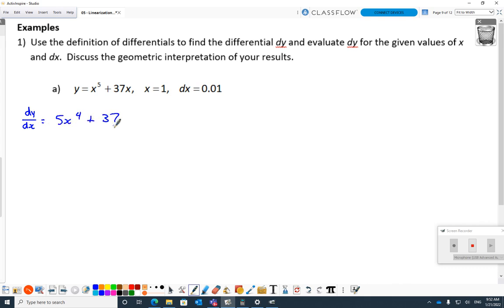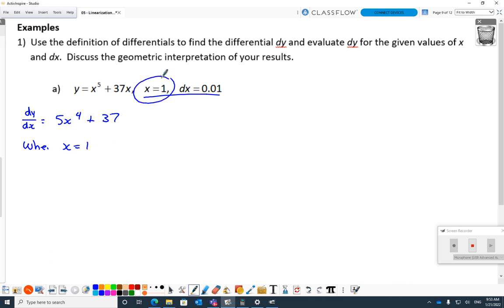Hopefully you're good so far. I know there's some details over there that have to do with answering the rest of this question. But are you okay with the derivative so far? So, when x equals 1, see, they gave me an x value to talk about.